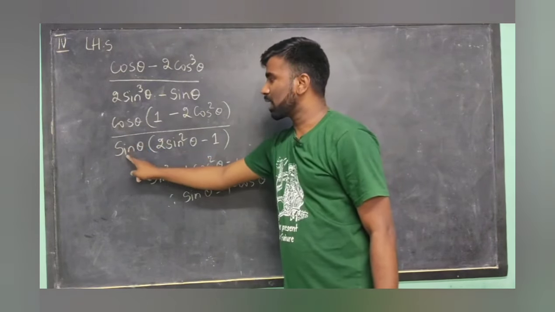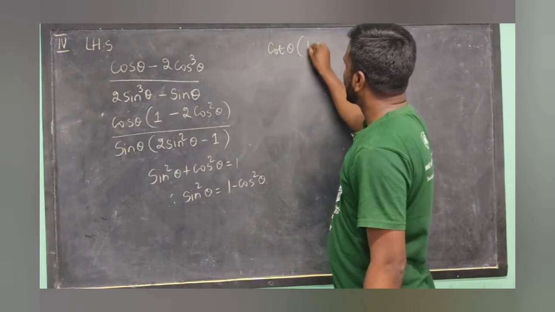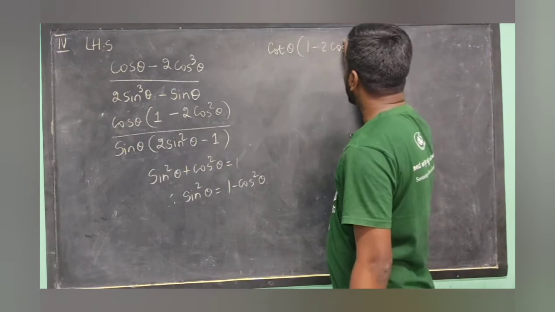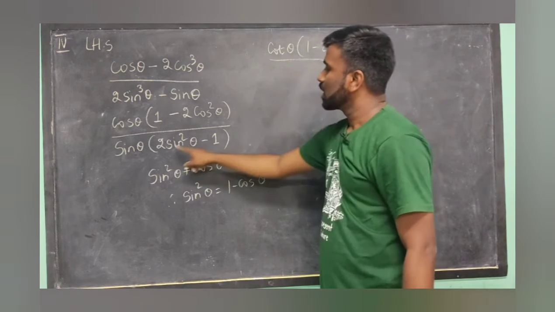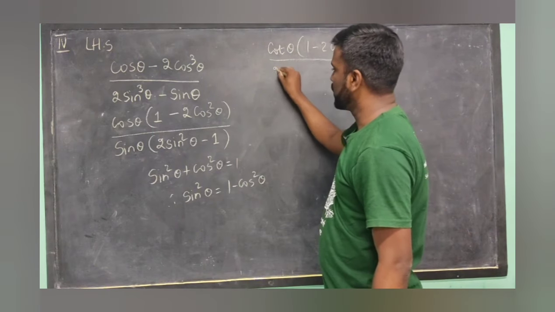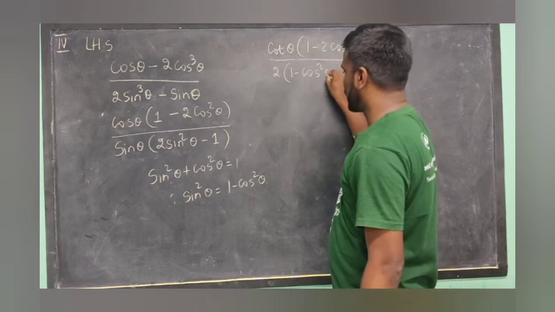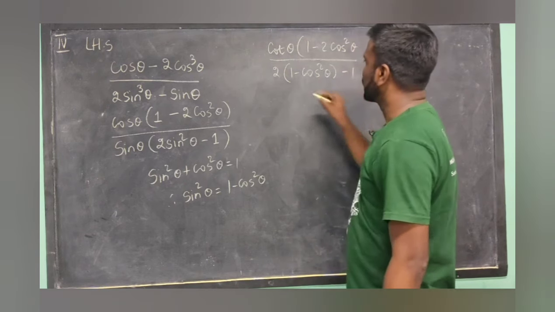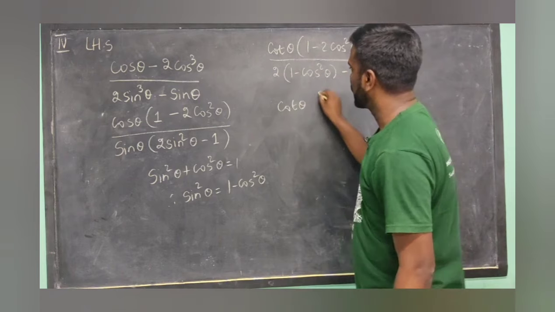now the ratio cos theta by sin theta is cot theta. Cot theta into 1 minus 2 cos square theta, whole divided by, substitute sin square theta as 1 minus cos square theta: 2 into 1 minus cos square theta minus 1. 2 times 1 is 2, minus 2 cos square theta, minus 1. 2 minus 1 is 1, so 1 minus 2 cos square theta.